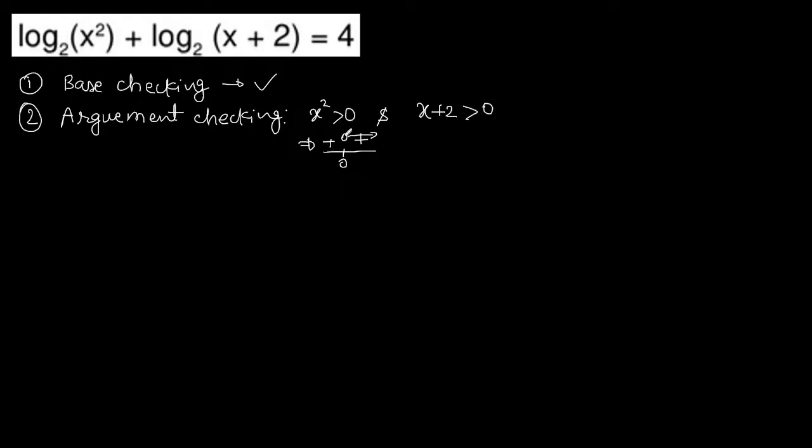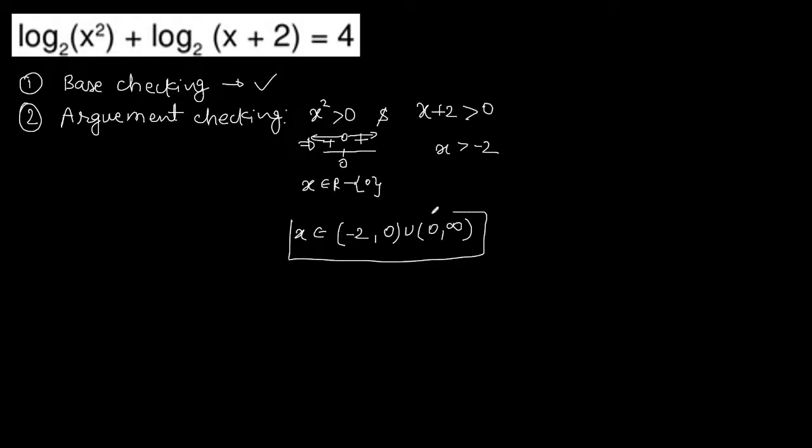That means x belongs to R minus 0, and here x is bigger than minus 2. If you combine both of them, we get x belongs to minus 2 to 0 union 0 to infinity. So this is the outcome we got from argument checking.